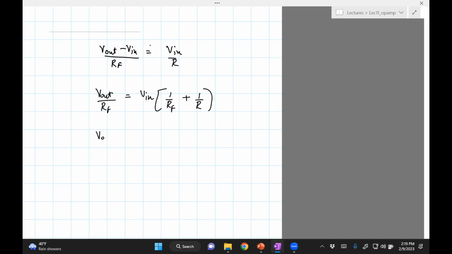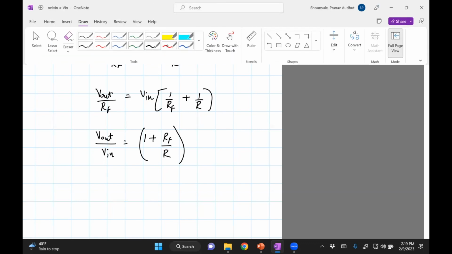And so V_out divided by V_in is, if you multiply both sides by RF, you get 1 plus RF divided by R. Yes, that's the expression we're after.